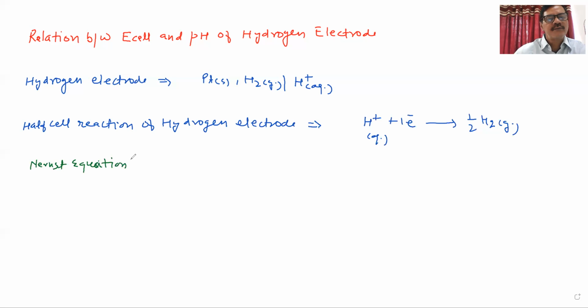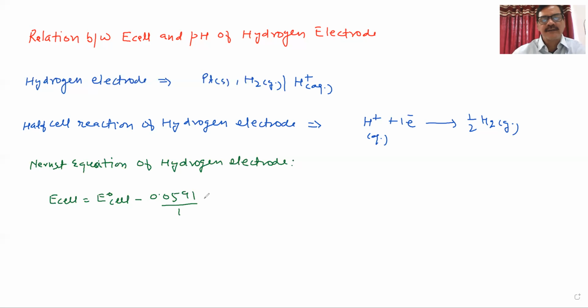equation of hydrogen electrode. So this will be E cell equals to E naught cell minus 0.0591 by 1 electron is transferred into log 1 by H positive ion concentration.